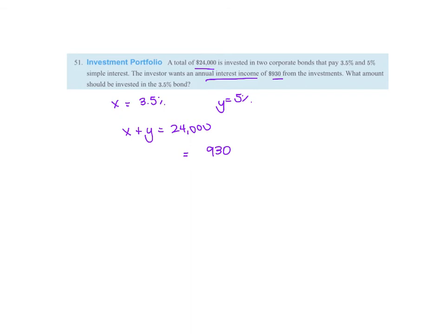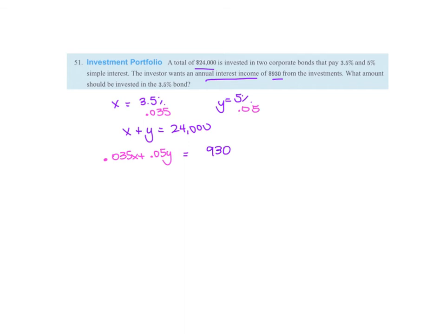So what that's going to be, it's going to be our 3.5% and our 5%. Now remember, we have to convert that to decimals. So we're really looking at 0.035 and 0.05 is what we want to use. So we will have 0.035x plus 0.05y. So really important to convert those to decimals.